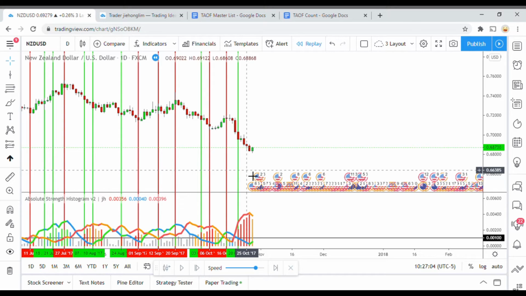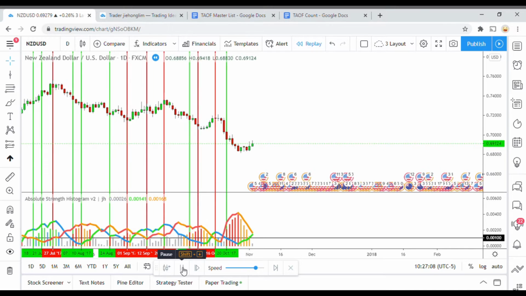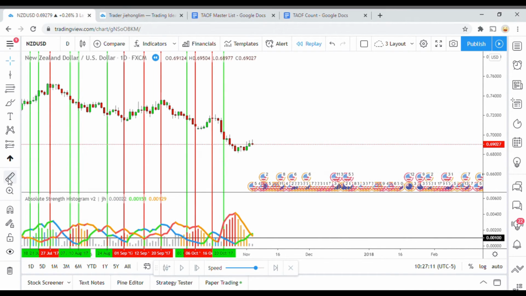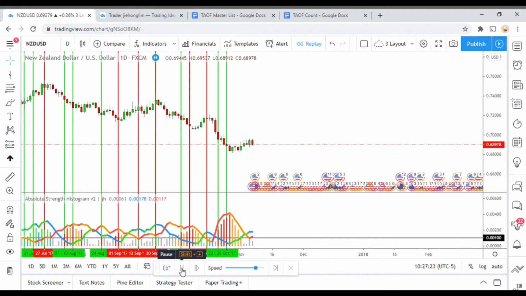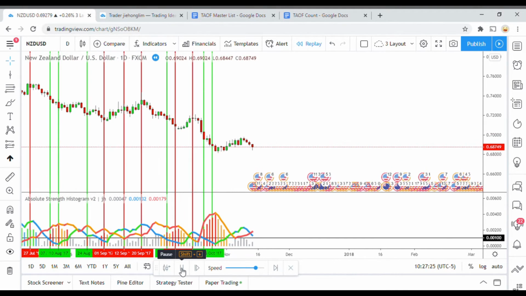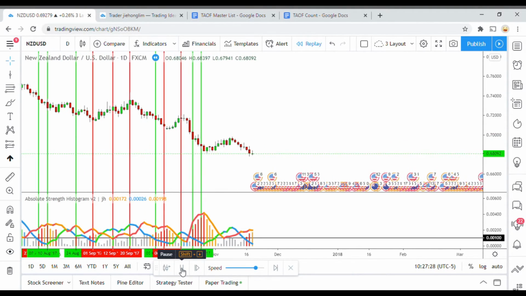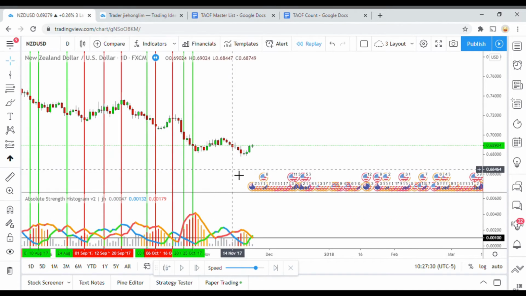So we would have been in on this one. Let's go ahead and play it forward some. Actually, it did get us to take profit there. All right, we're moving along. There we go. We pick up a short there on that one.